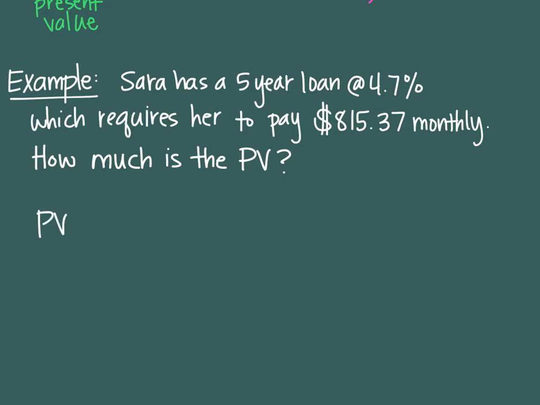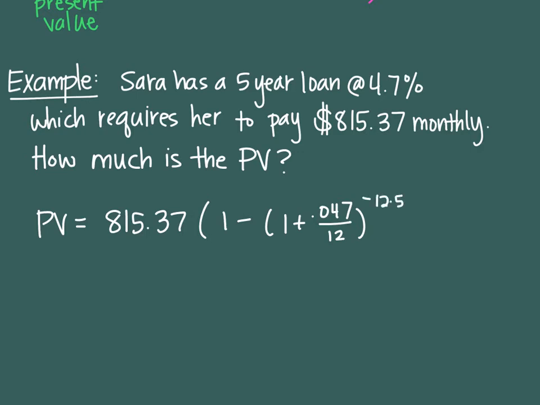So you've got PV equals, the capital R is the repeated payment that she has to make, so that's where the $815.37 goes. Parentheses, in goes the 1 minus the parentheses value, so it's 1 minus 1 plus 0.047 over 12, 12 being the months and 0.047 being the rate, to the negative 12 times 5.